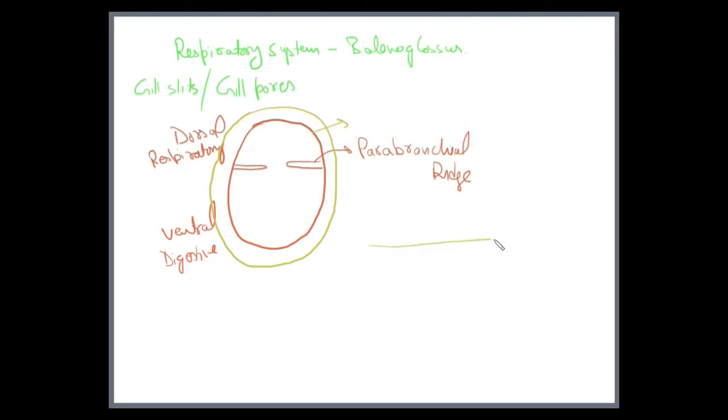Suppose this is the pharynx. This is the anterior side and this is the posterior side. This is the dorsal and this is ventral. The wall of the pharynx is perforated by numerous gill slits which are oval and dorsolateral in position.